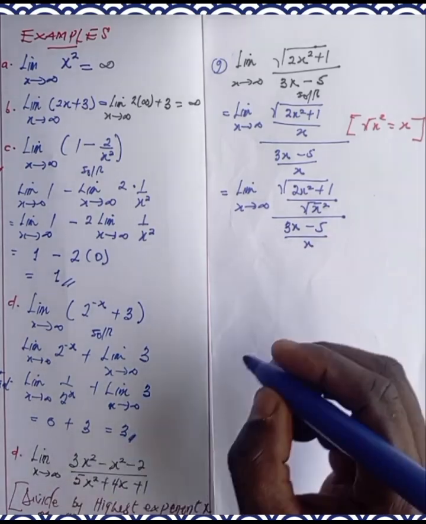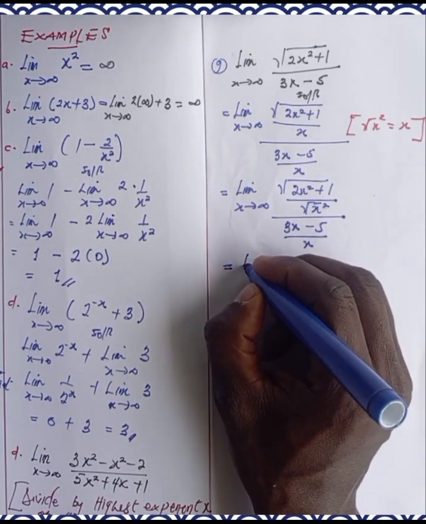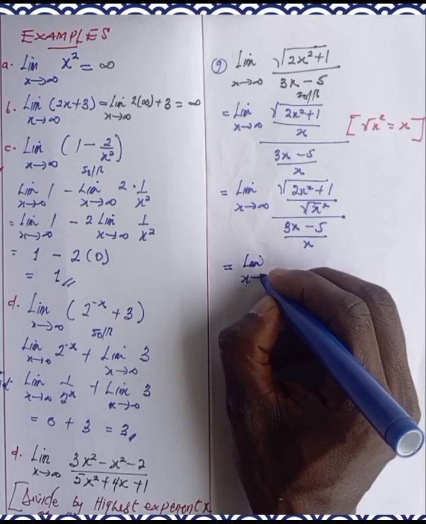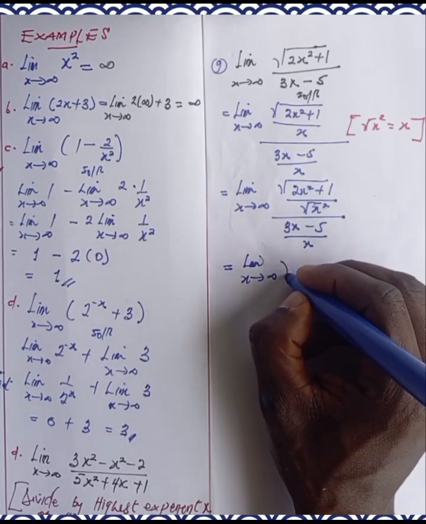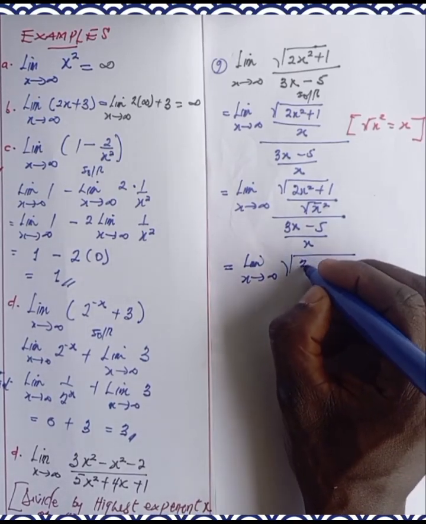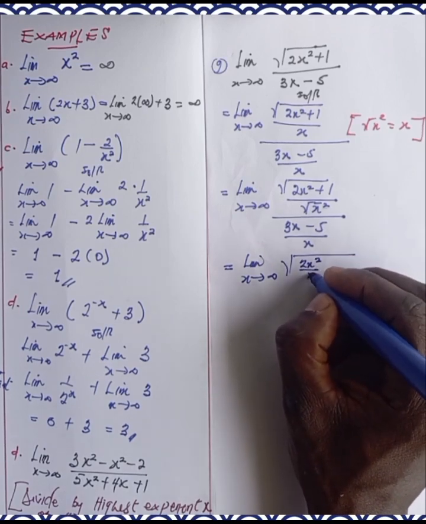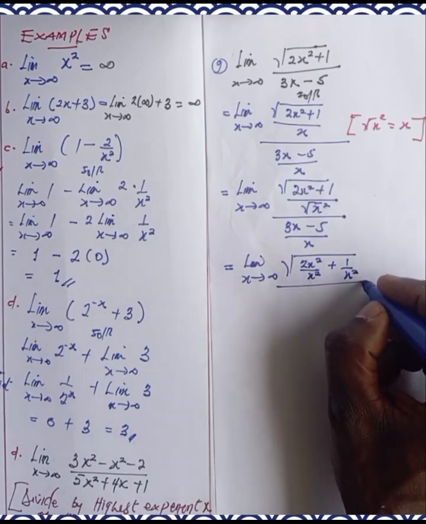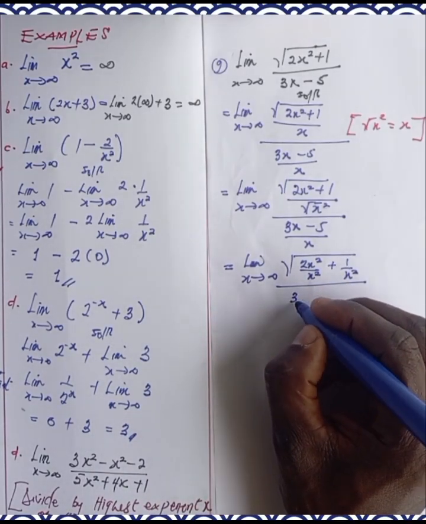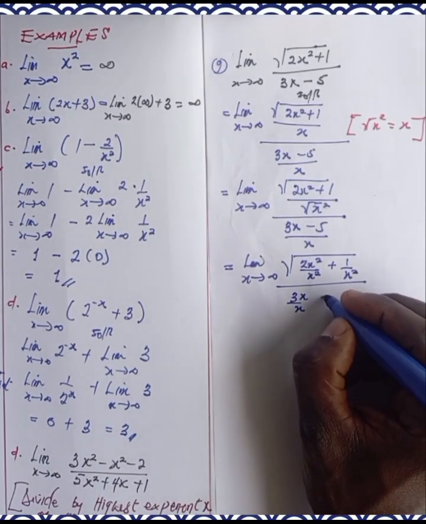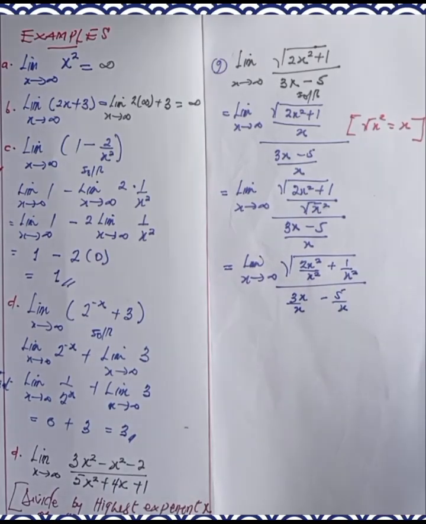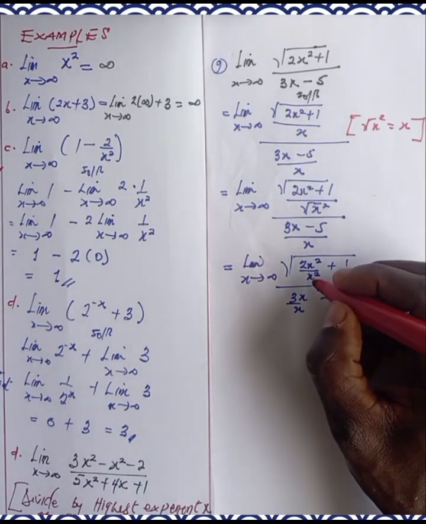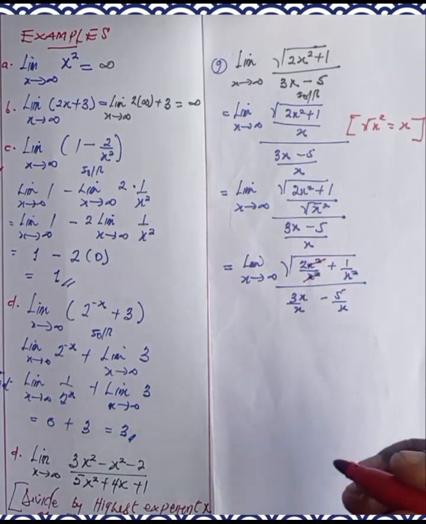So at the end, we are going to get the limit as x approaches infinity of big root 2x squared all over x squared plus 1 over what? x squared all over 3x over x minus 5 over what? x. Now we can cancel out this, and that will go.